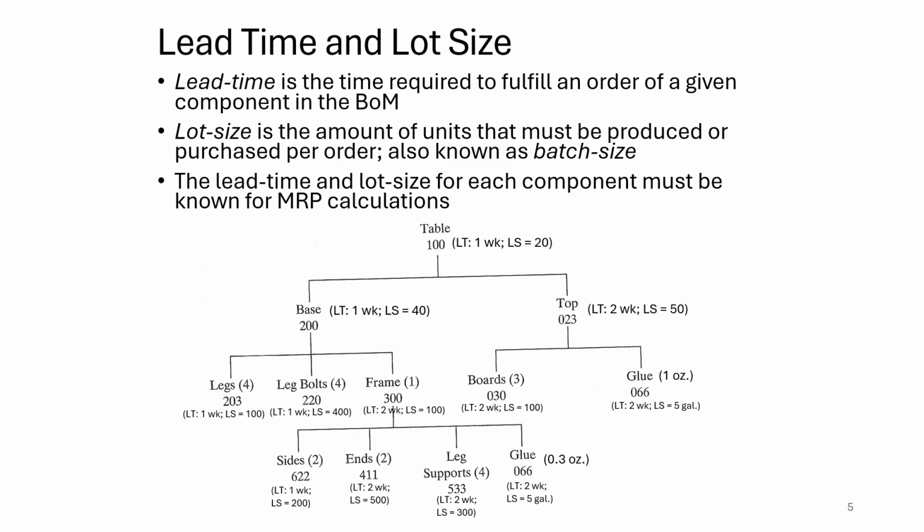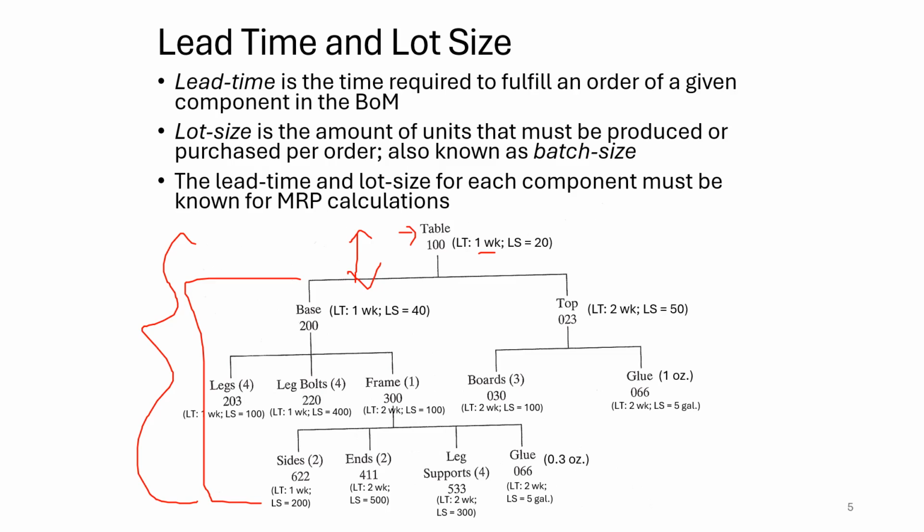So coming back to the main assembly, the table, the lead time of 1 week does not mean that if you place an order 1 week in advance, you can manufacture and get everything ready. The lead time of 1 week only represents this gap. So for example, considering that you have the base, the top, and everything else already ready with you, it will then take 1 week for the base and the top to be assembled to give a table.